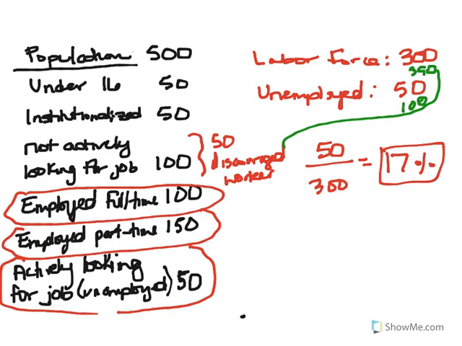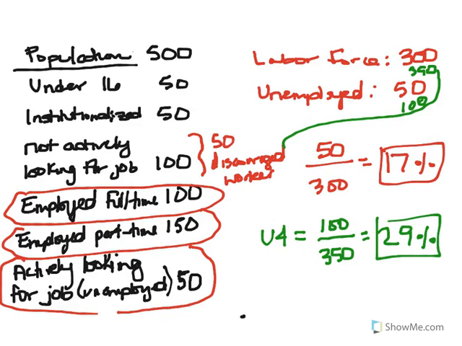And so now we plug those numbers into our formula for the U4 measure. So we would have a value of 100 people who are technically unemployed when you include discouraged workers, divided by a size of the labor force that is now 350. And you would come up with a number that is closer to about 29%.